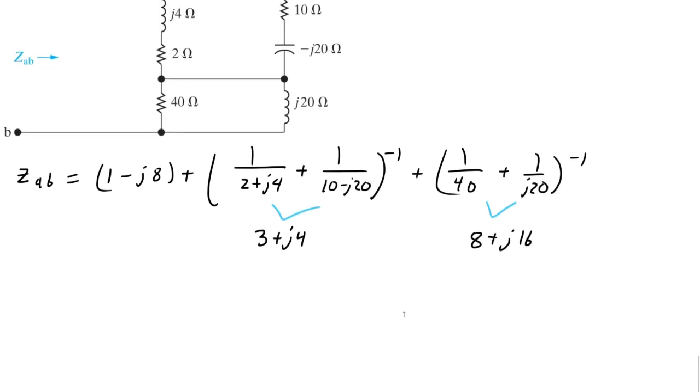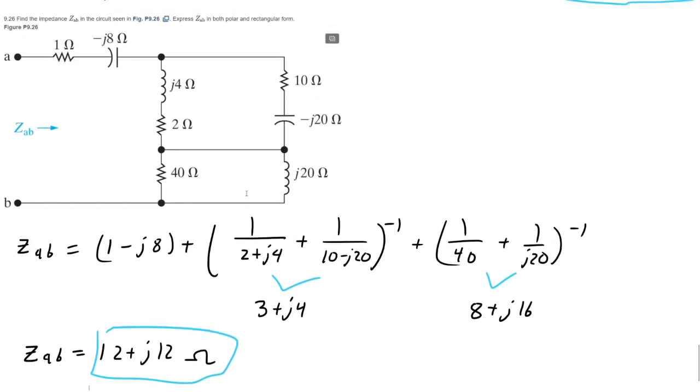So if we add up the remaining bits, we're going to get ZAB equals 12 plus j12 ohms. Like I said before, it's a lot easier if your calculator can do complex numbers. Otherwise, you'll be here doing complex conjugates all day. But you'll be able to do it by hand if you're persistent.